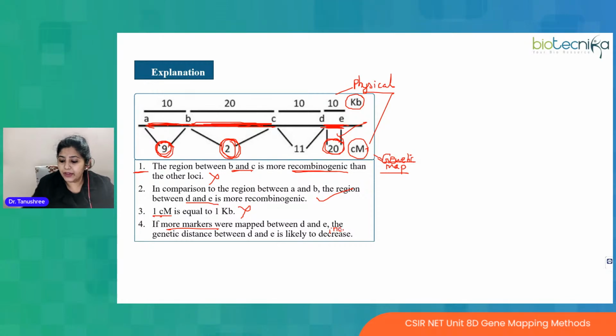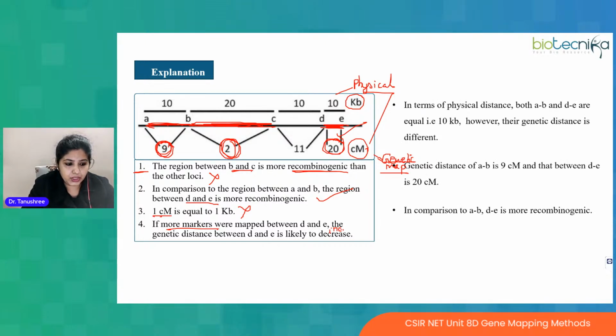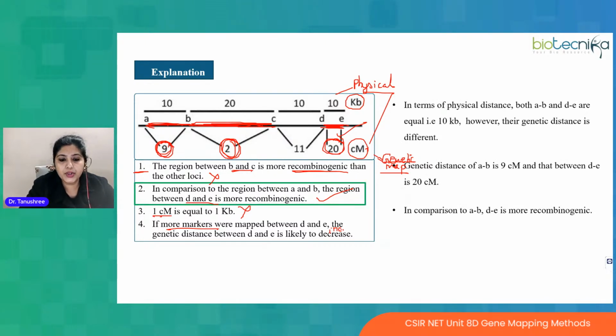When more markers are mapped between the points as mentioned over here, definitely the distance will increase, because additional markers will provide more detailed information about genetic recombination events that have occurred between the 2 points, right? So that's why the correct answer here is option 2, because statement 2 is the only correct one.